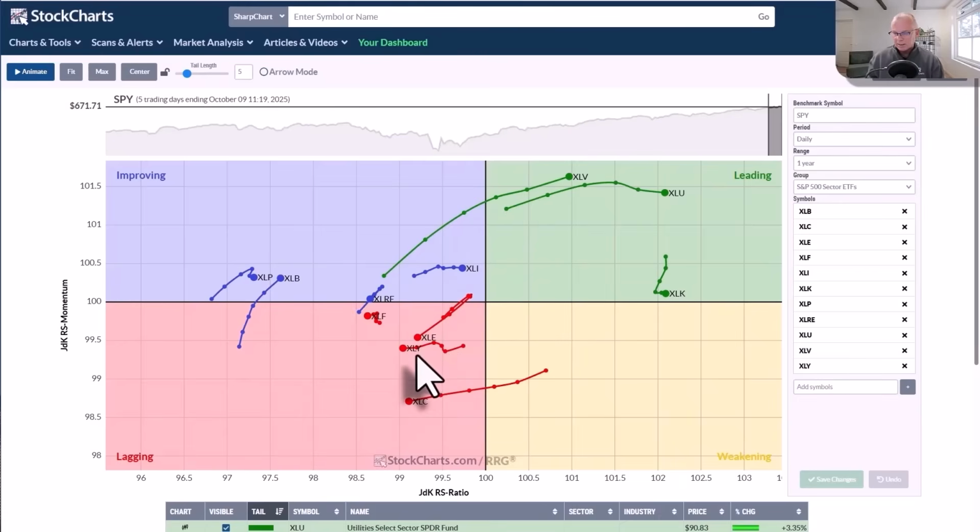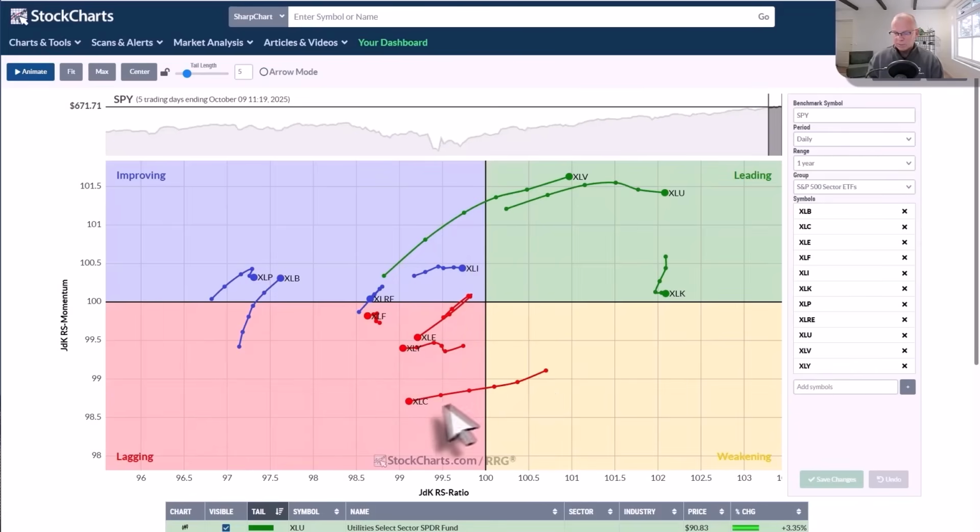This tail is now confirming the weakness on the weekly, and if this manages to continue lower on the RS ratio scale, that might put the XLY tail in danger on the weekly chart. So that is one that I really want to keep an eye on because it's such an important sector.